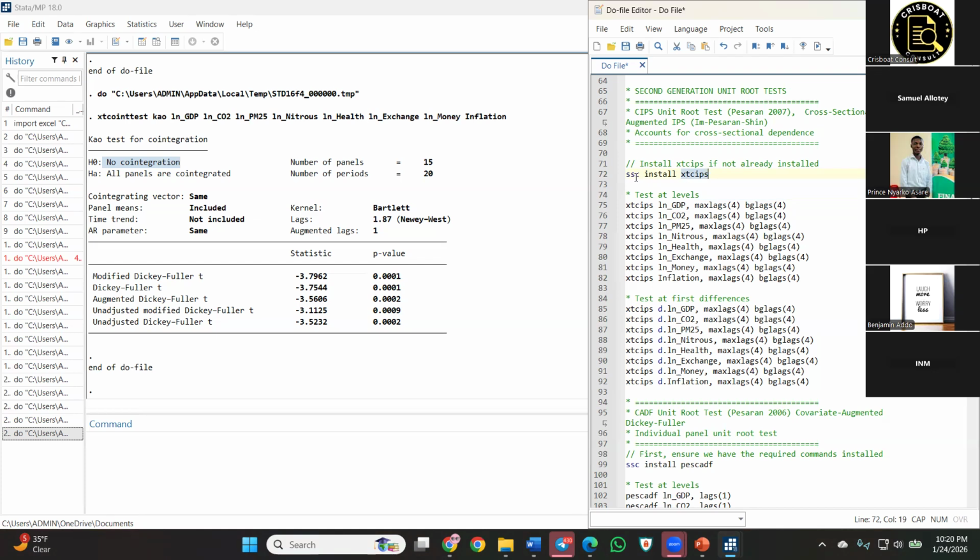You can use the SSC install XT. If you still don't have this data, after the lecture, you can DM me. I will send it to you for you to install. Same thing applies to Smart PLS and eViews. So the command is XT, then you select the variable, then you do your lag selection for it.